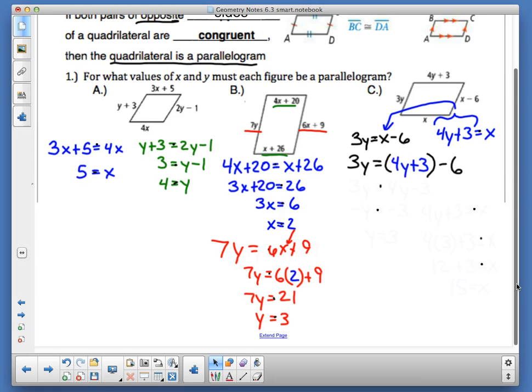Okay, so I'm off to the races. So I'm setting up to solve for y. Go get her done.